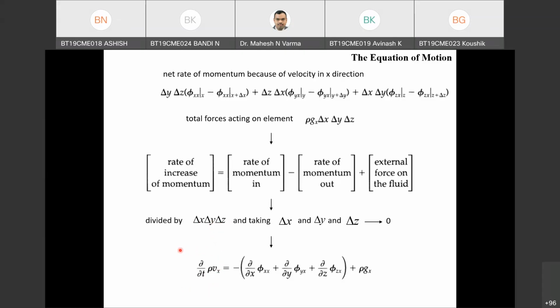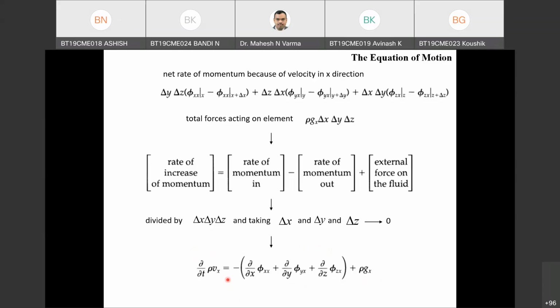So what is this equation? This is the generalized shell balance equation for x momentum, because here it is x velocity, so I am considering x momentum. It is generalized because I am considering Vx and its variation in all three directions.